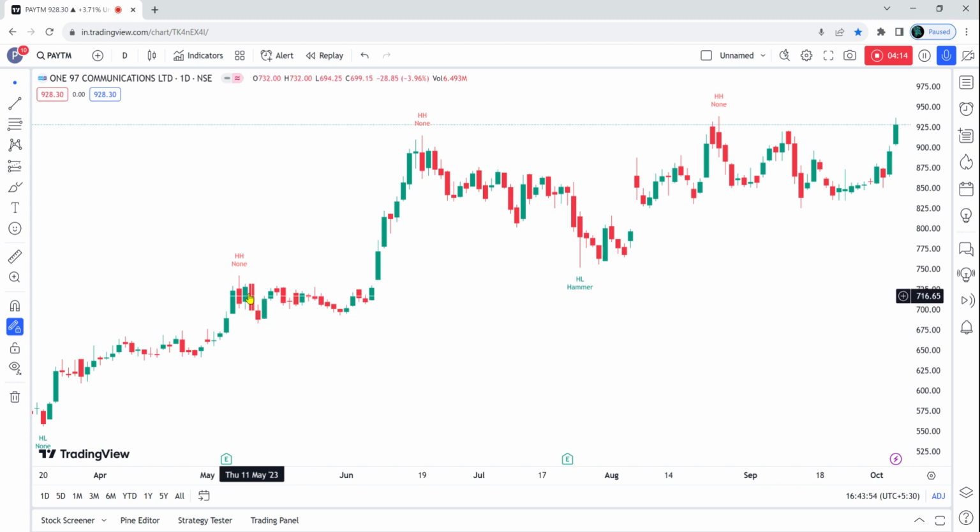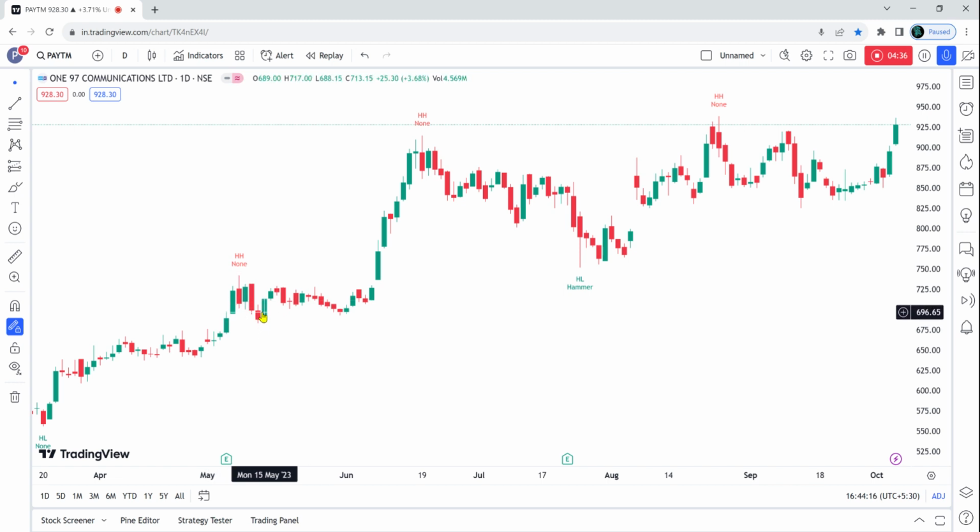But then the fall was not significant, which means that we have to be really open to the market activity and keep listening to what exactly the market is telling us. After this engulfing, you can see that it just moved down for one particular day, and then again it stabilized.